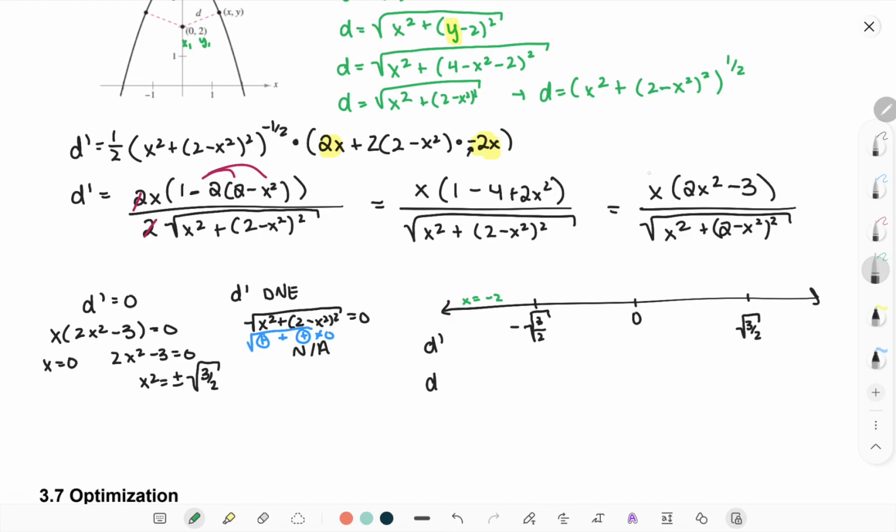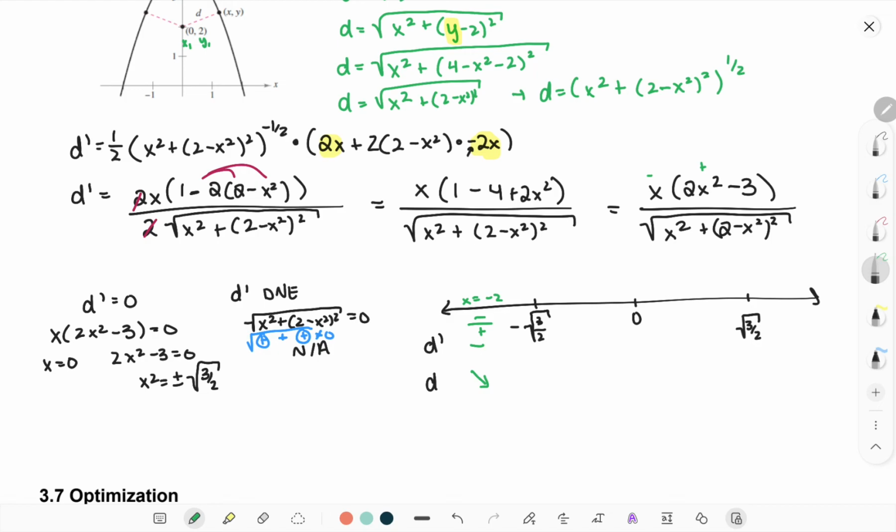It's going to be a negative number times, if I have something less than negative root 3 over 2, it's going to give me a positive here, so I get a negative on top. And then on the bottom, as we talked about, that's always going to be positive. So I start off with a negative interval, so I'm decreasing for d.